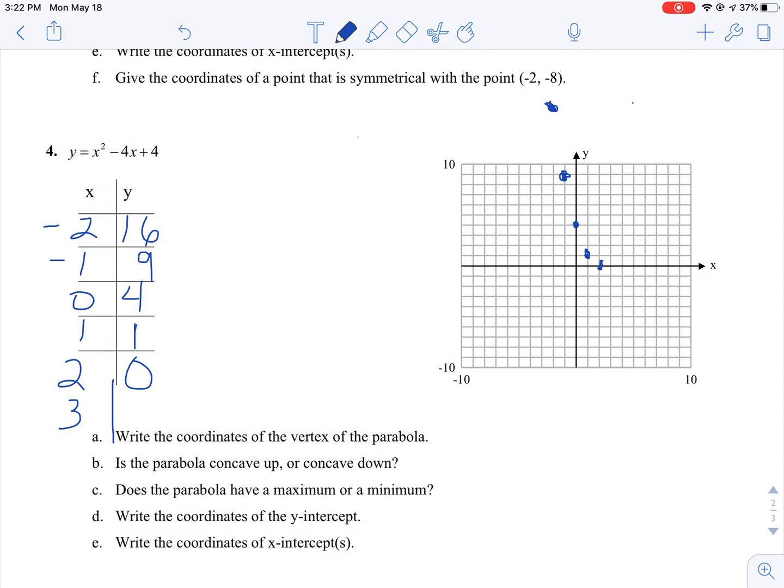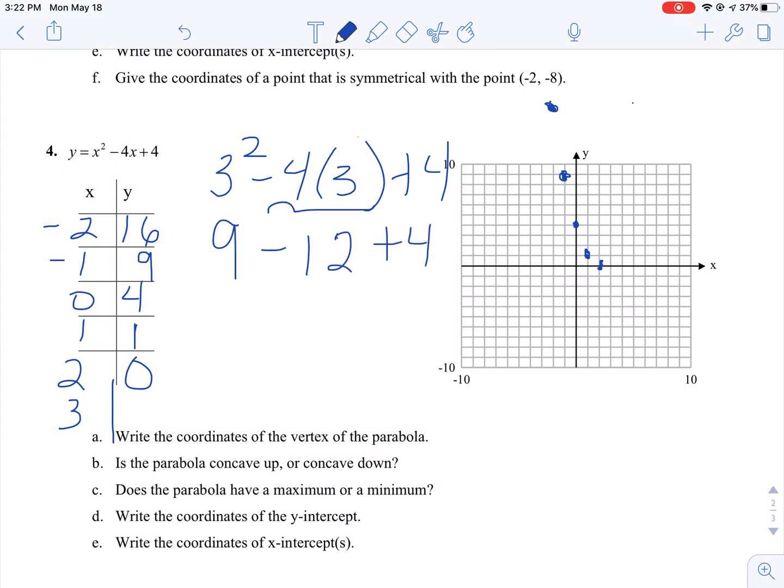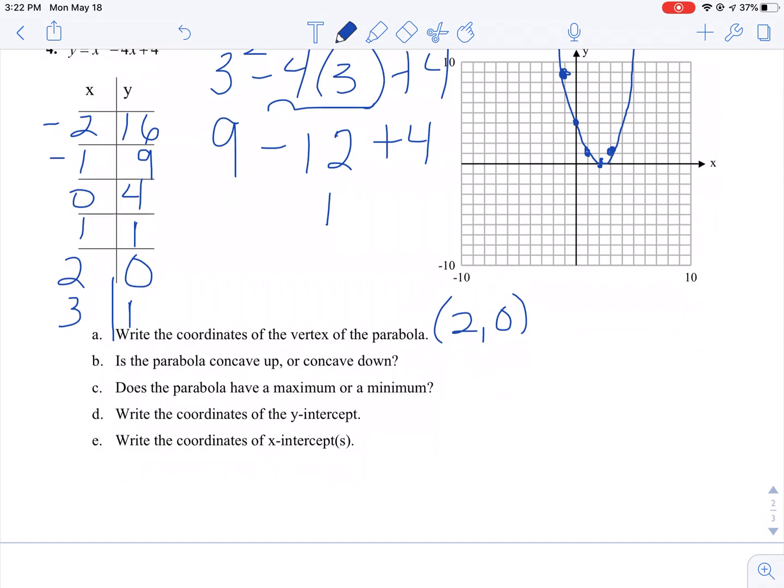If I put 3 in there, I get 3 squared minus 4 times 3 plus 4. So this is 9 minus 12, and then plus 4. That's 9 minus 12 is negative 3, plus 4 is 1. So I was right. I'm going to go back up to 1. So here we have this parabola that goes down, hits a minimum at 2, 0, and then starts going back up. So 2, 0 is the vertex.